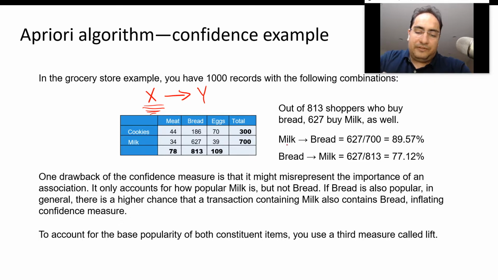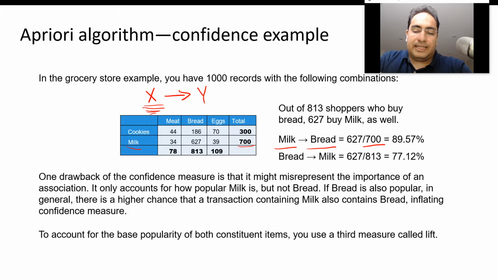For example, if we're looking for milk then bread, milk is the X. So first we need to find how many times milk was bought. The total number of times milk was bought is 700. We put it there.